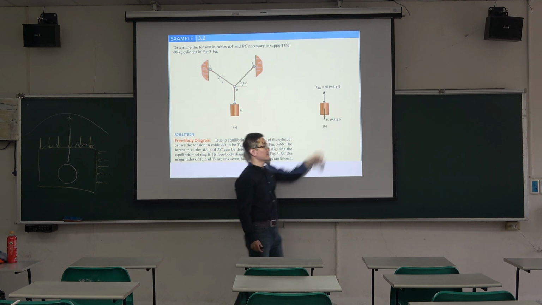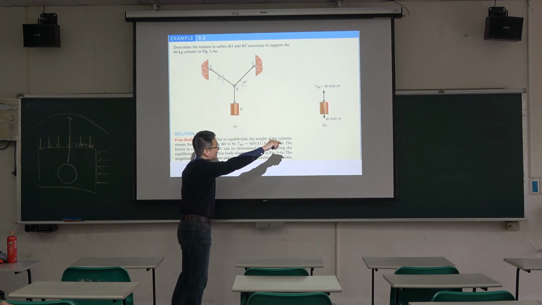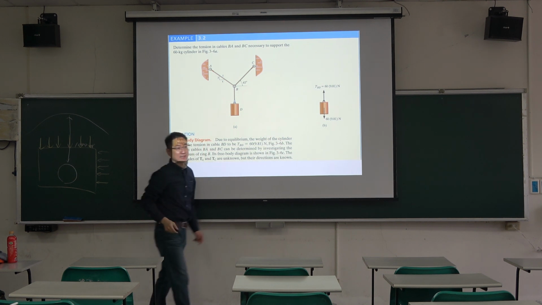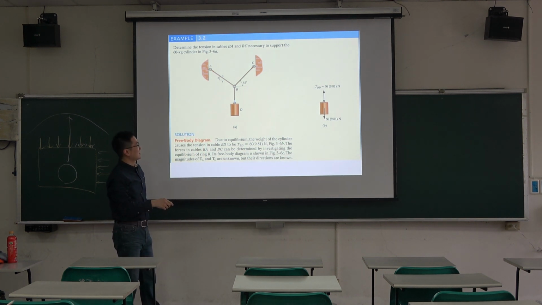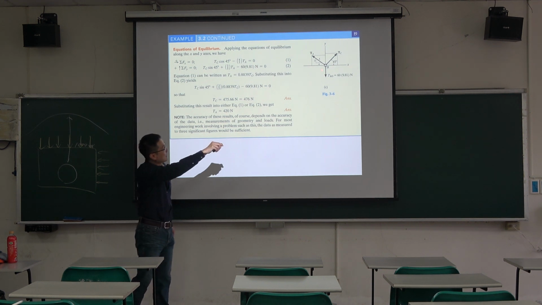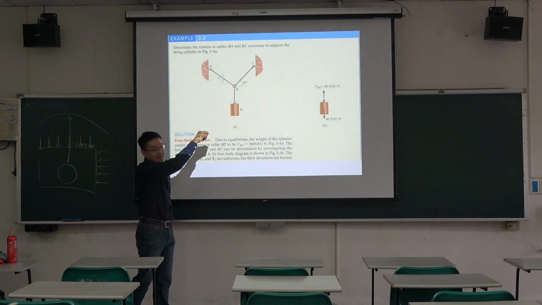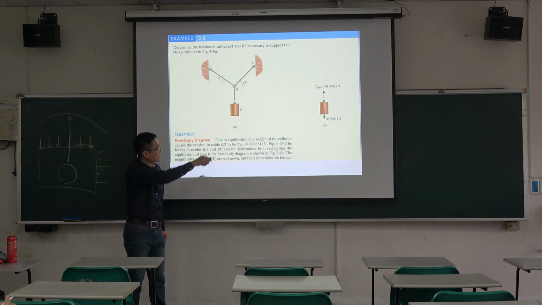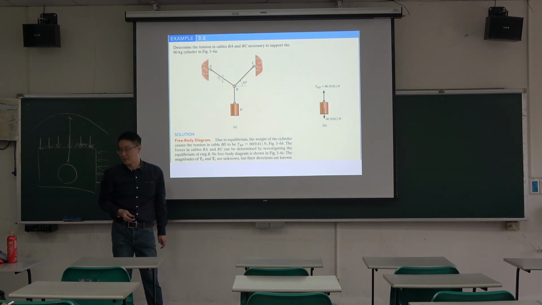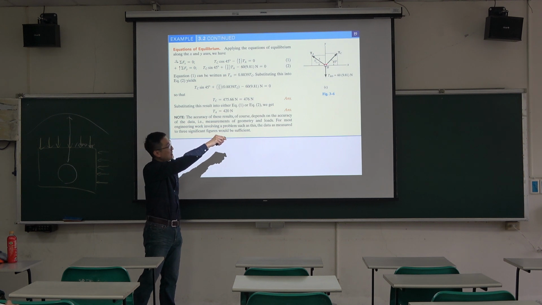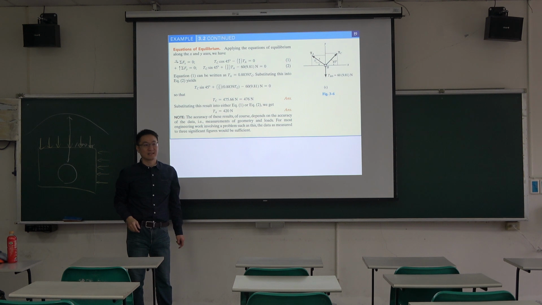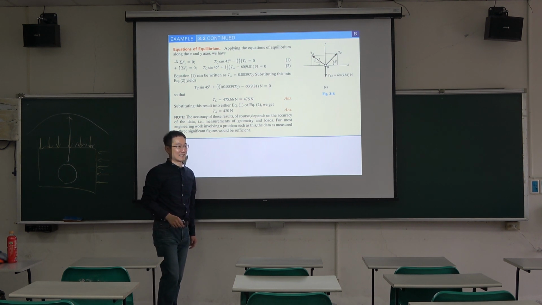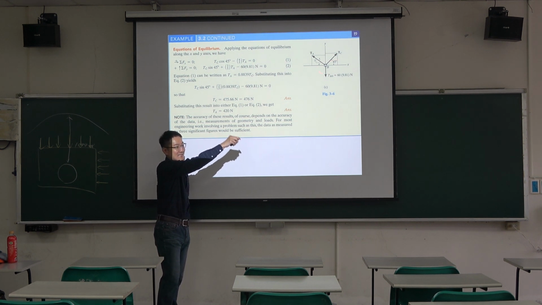For this element, the joint is here, and tensile force lifts away from the joint. The other joint is here, and this cable also has tensile force, which is also lift away from the joint. Clear? Tensile force lifts away from the joint.